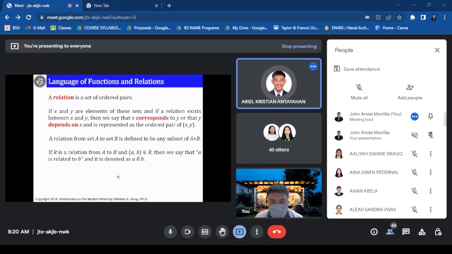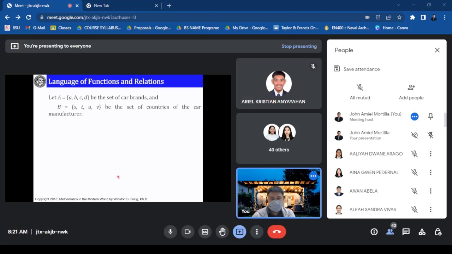A relation from set A to set B is defined to be any subset of A times B. If R is a relation from A to B, and (a, b) is an element of R, then we say that A is related to B and it is denoted as a R b.